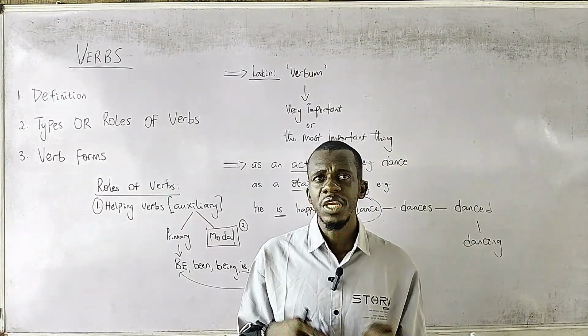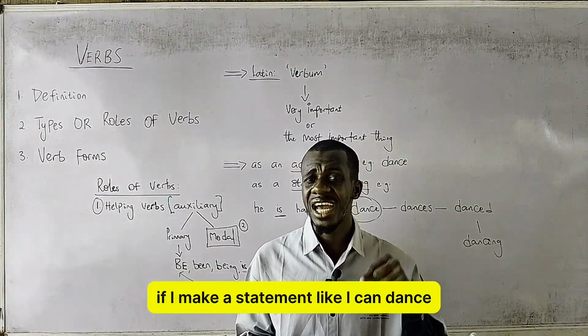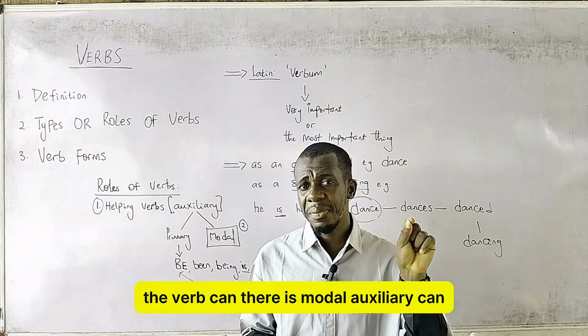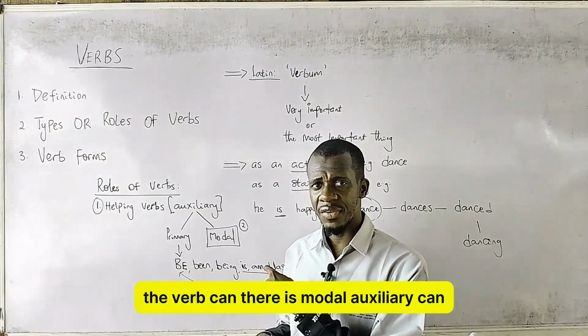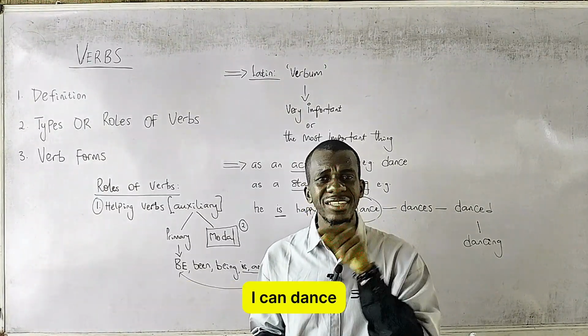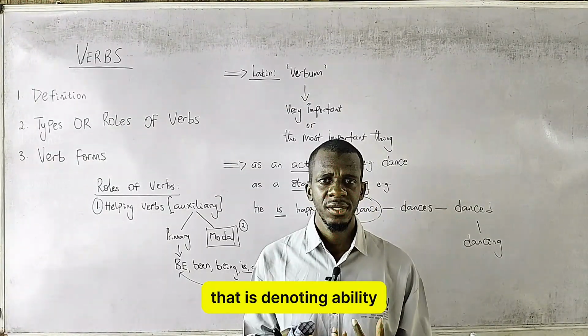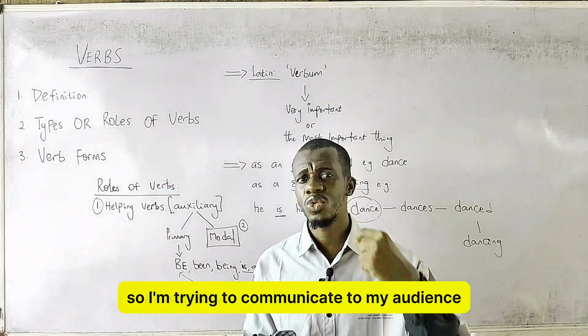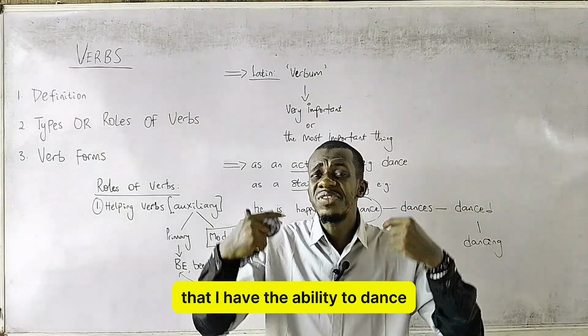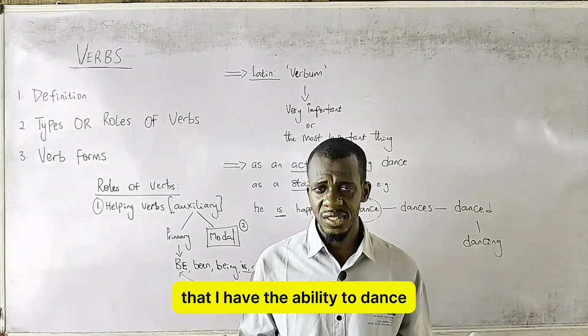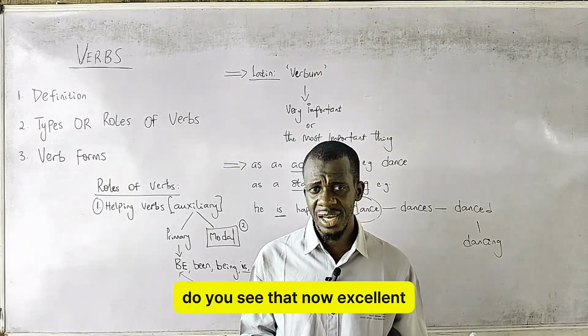E.g., if I make a statement like I can dance, the verb can there is modal auxiliary, can. I can dance. That is denoting ability. So I'm trying to communicate to my audience that I have the ability to dance. Do you see that now?